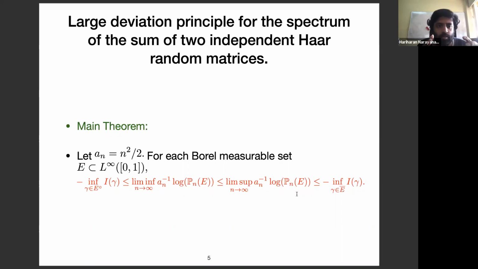These are continuum concave functions, and we are asking what is the likelihood at iteration n, where n is the discretization level. What is the likelihood that my random spectrum coming from the sum of two matrices lies inside this set E?